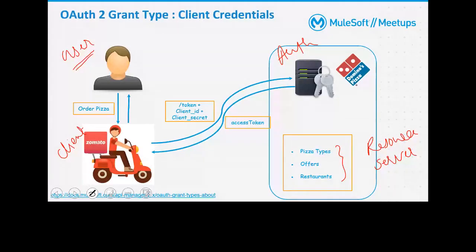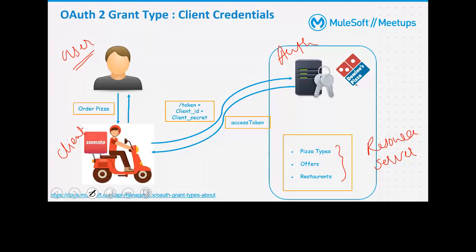So it will go to the auth server and verify, because this Domino's auth server will have other registrations also: Zomato, Zepto, other apps. I just ordered something from Zomato or Zepto, there are some apps, and those will be registered in the auth server. Whether the request is coming from Zomato, Zepto, or some other app, that request has to be verified.